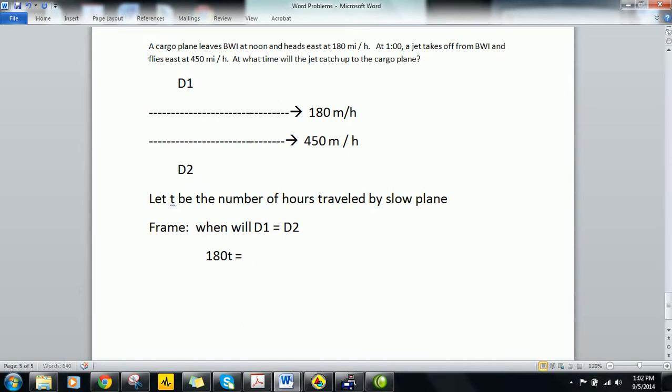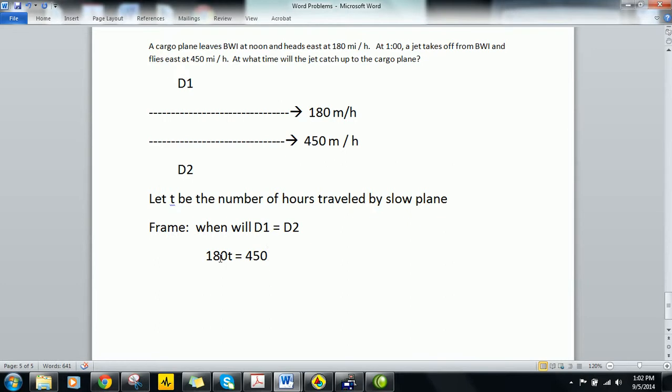Question is, when will the two planes catch up? So when will this distance, D1, equal D2? So D2, I now have to rewrite in a similar fashion, as rate times time. So the second plane is traveling at a faster rate, namely 450 miles per hour. But it's not times the same t, because they started at different times.